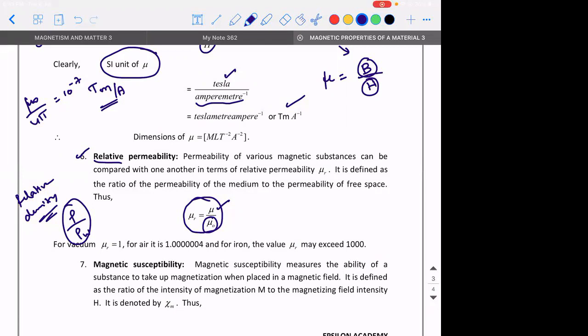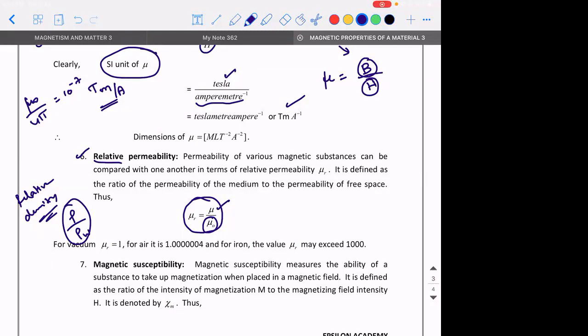In the case of electrostatics, there is something similar: relative permittivity, kappa. Do you guys remember the other name for it, the one which starts with D?